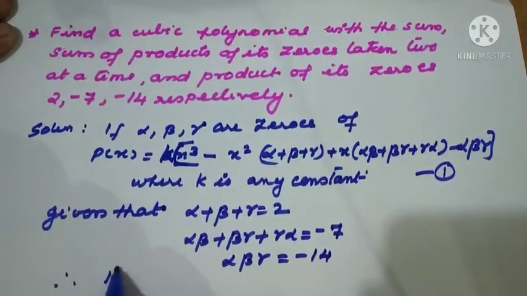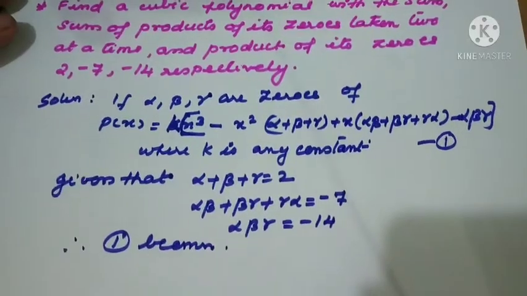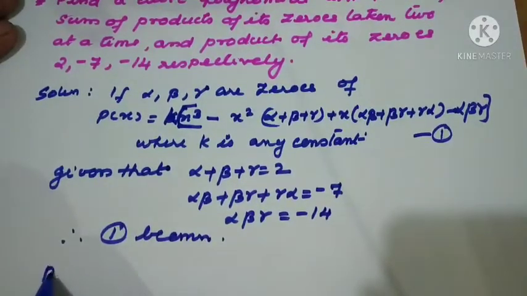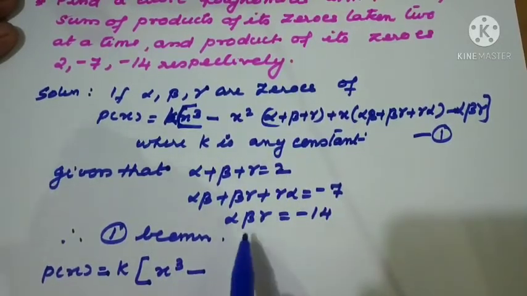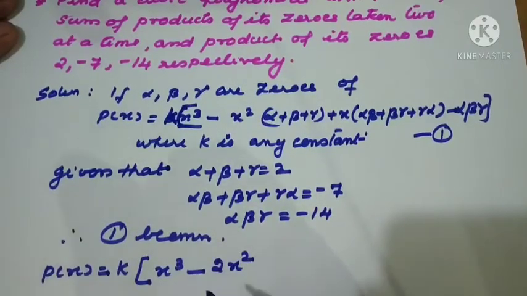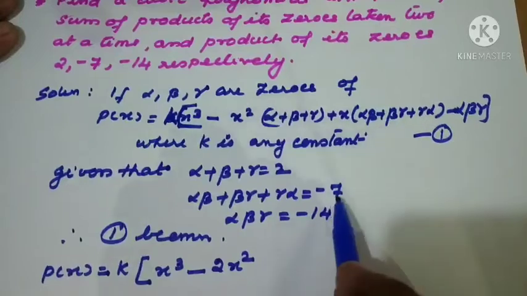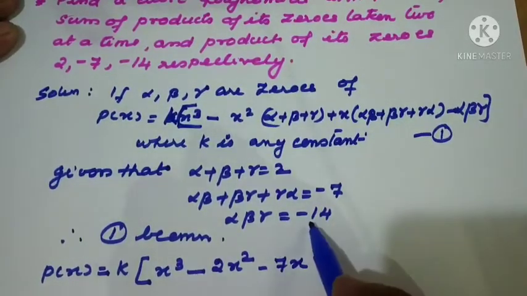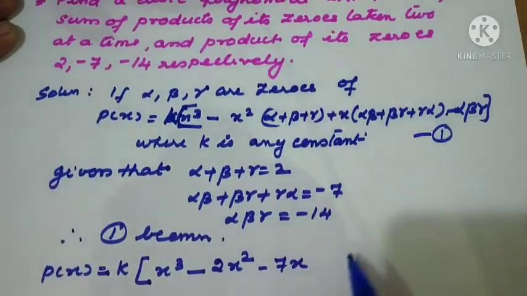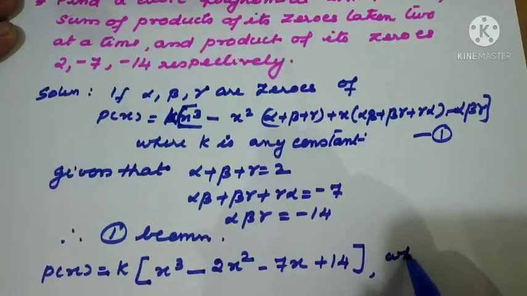Therefore, equation 1 becomes p of x equal to k into x cube minus 2, that is alpha plus beta plus gamma is 2, so 2x square, we got. Again 2 at a time, what is the answer? Minus 7. So minus 7 into x, here minus 14, so minus into minus is plus 14, where k is a constant.